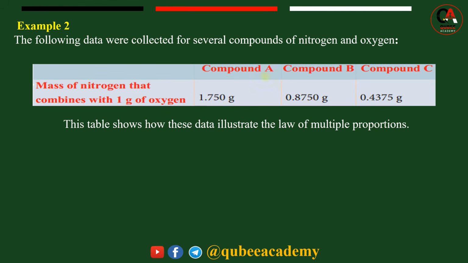To produce compound B, 0.875 gram reacted with 1 gram of oxygen also. To produce compound C, 0.4375 gram reacted with 1 gram of oxygen.